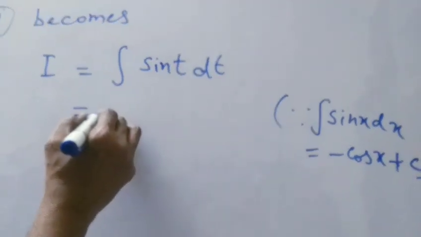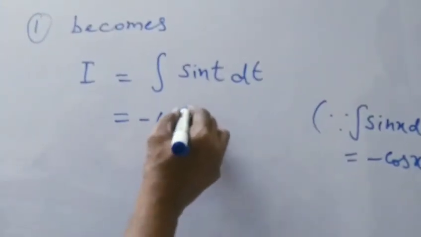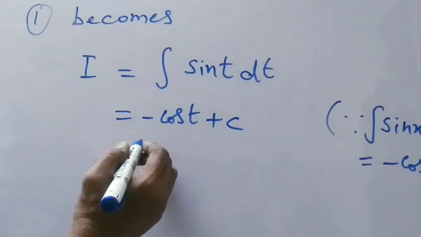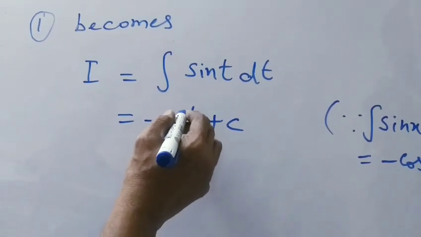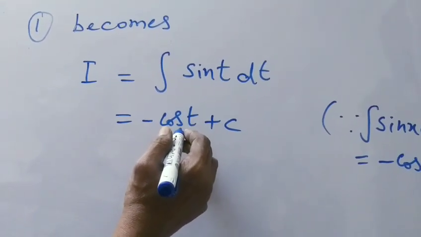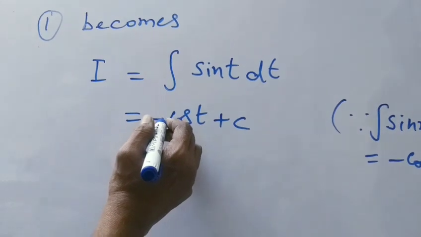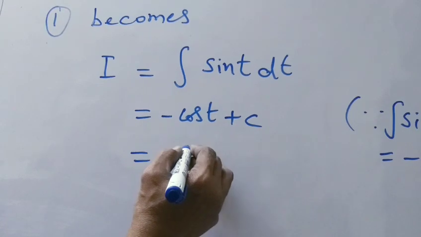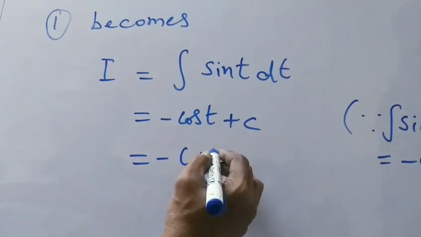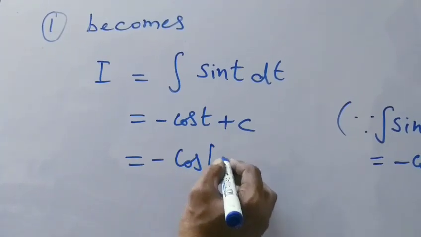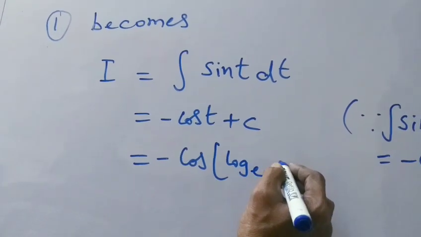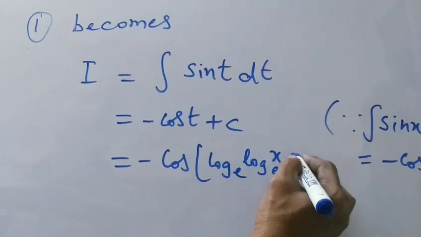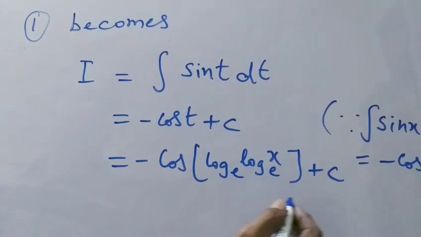Based on this, it becomes minus cos t plus c. So t is already known as log of log x to the base e. On substituting, minus cos of log of log x to the base e plus c.